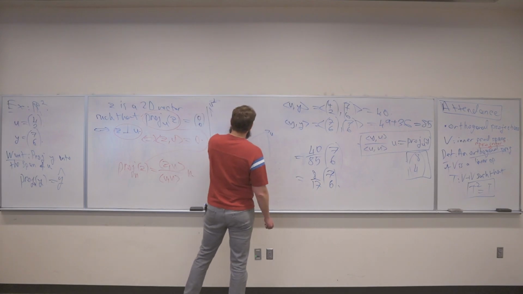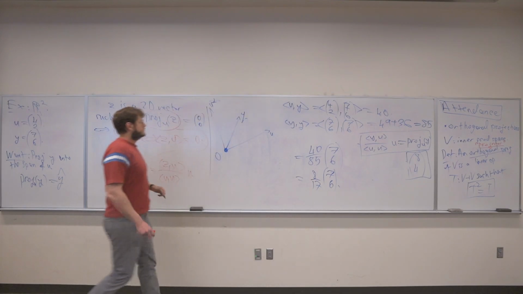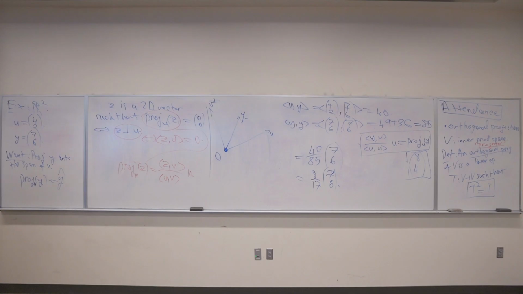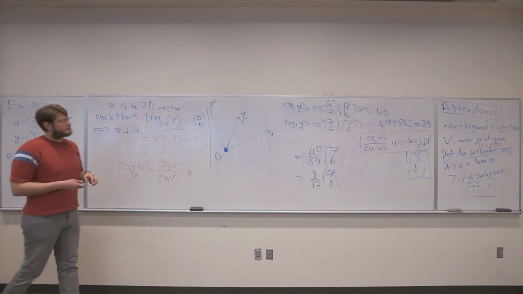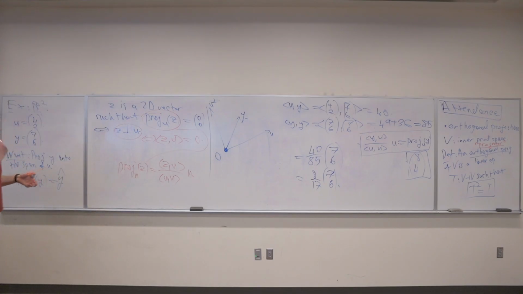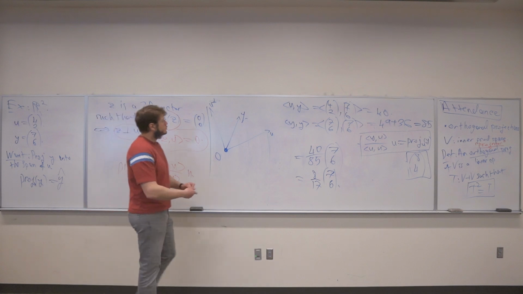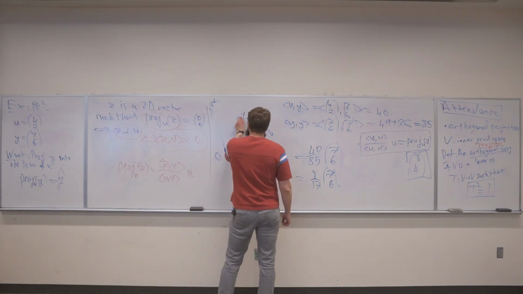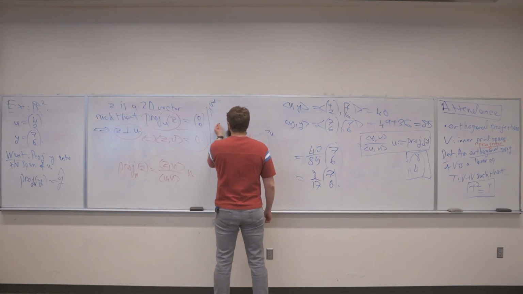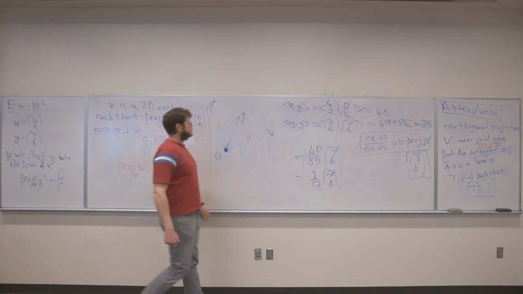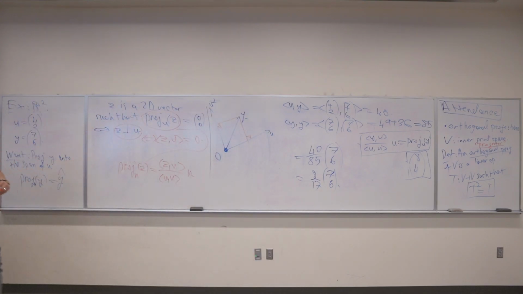Here is Y. Well, of course, I can project Y onto U and U perp. These are going to give me two different vectors, but they're going to be components of Y. So I can do this, or I can do this. In physics, perhaps you've seen splitting forces into different directions. It's the same idea.